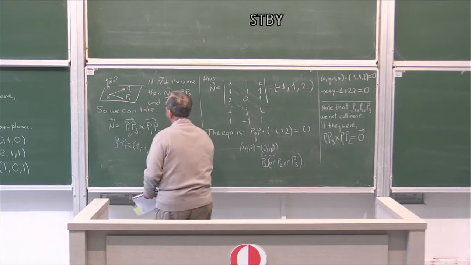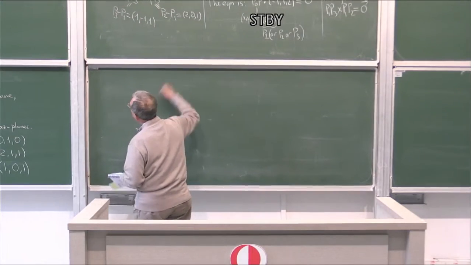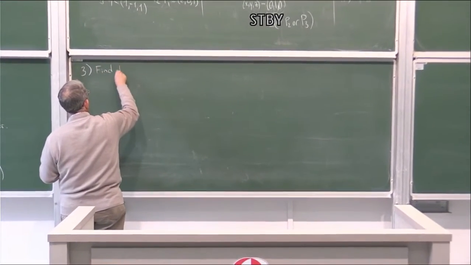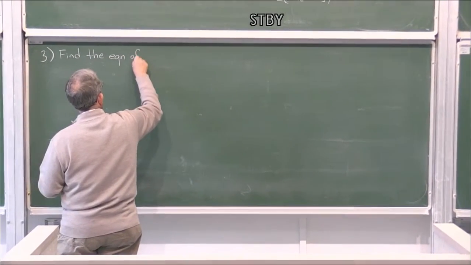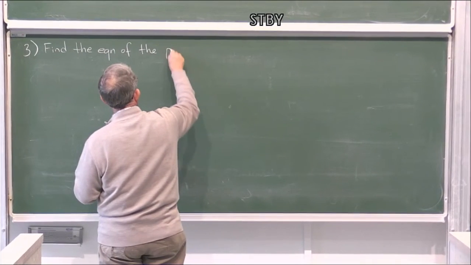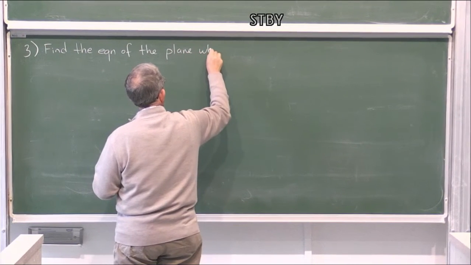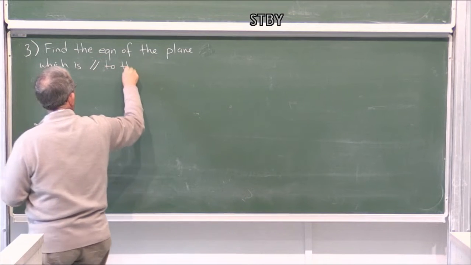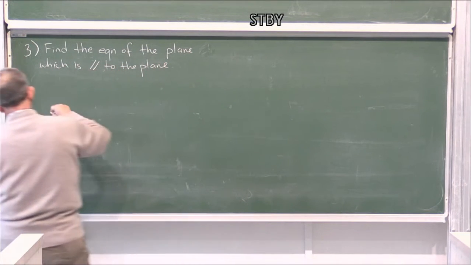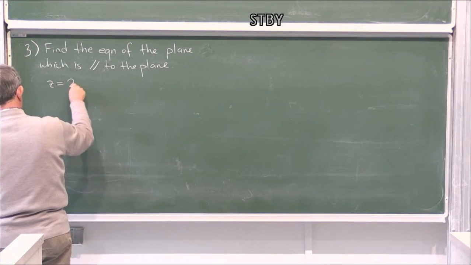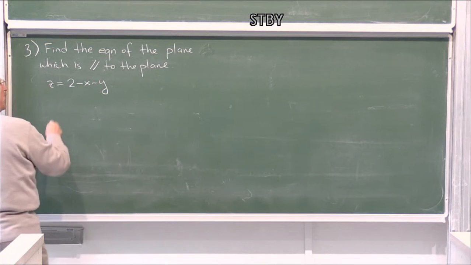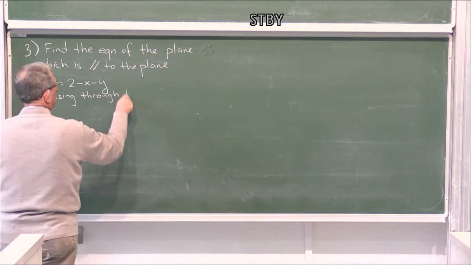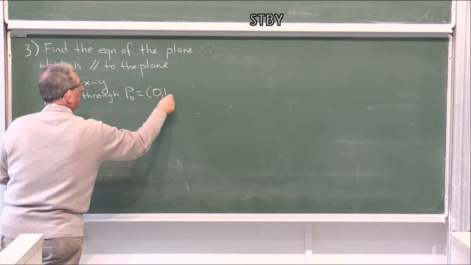Well, as a third example, let us find the equation of the plane which is parallel to the plane whose equation is z is 2 minus x minus y, and passing through P0, which is (0, 1, 2).